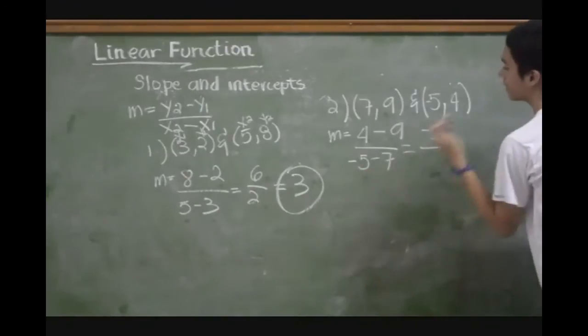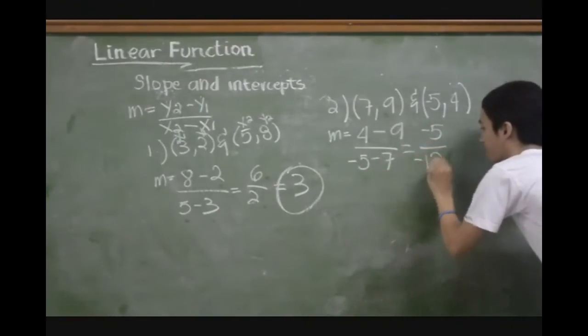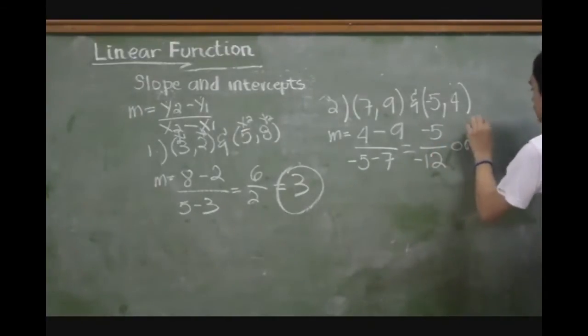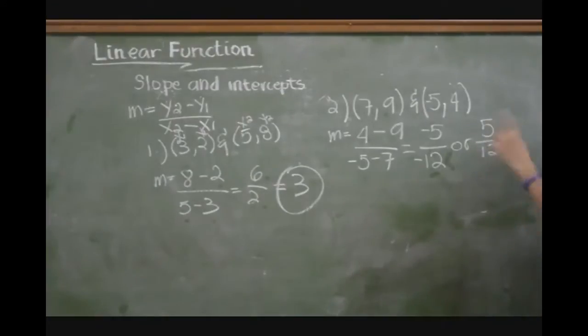Negative 5 minus 7 equals negative 12. Or 5 over 12, because they are both negative. Okay?